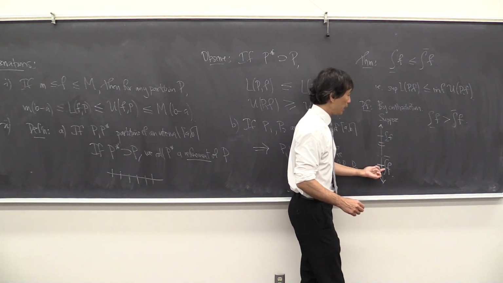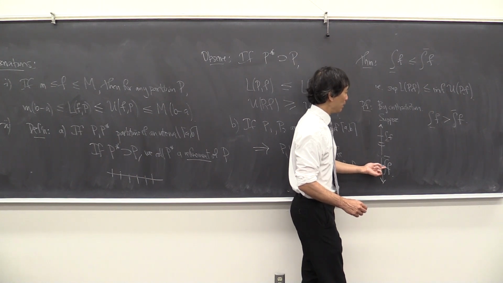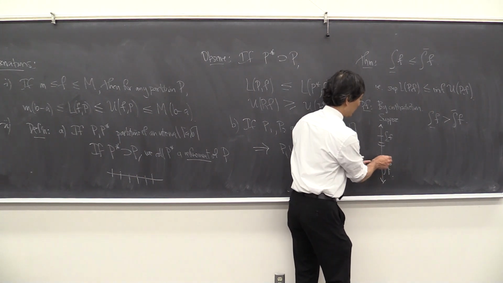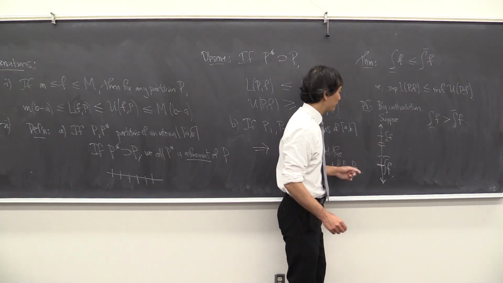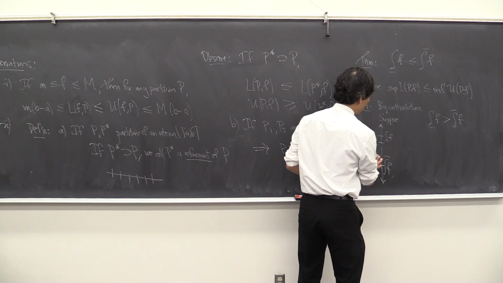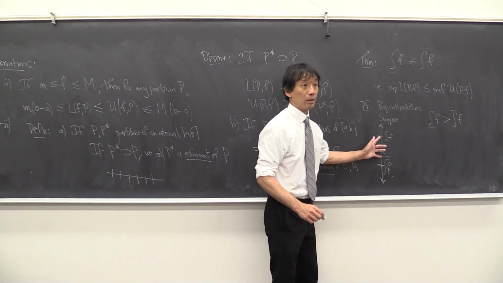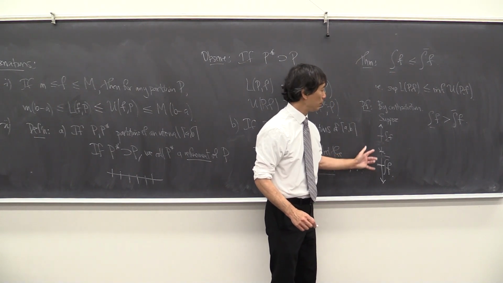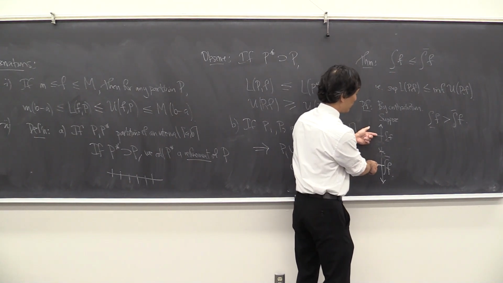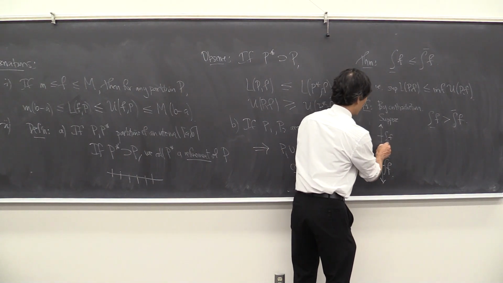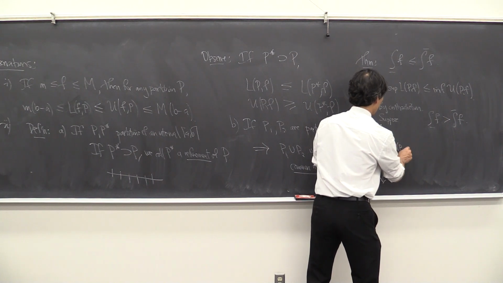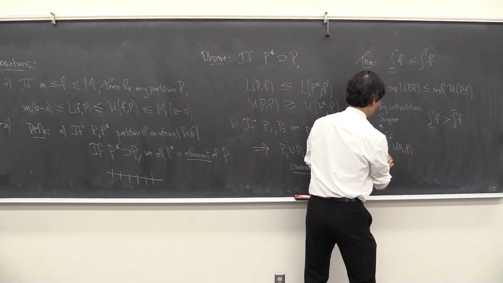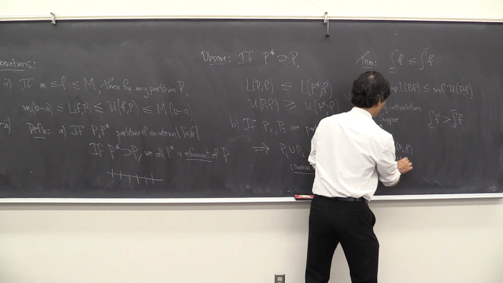And this one is the infimum of the upper sums, so given any epsilon, we can find an upper sum that lies inside here. So we take our epsilon to be half the distance between these two, and we know that there's a lower sum inside here, and an upper sum that lies inside here.